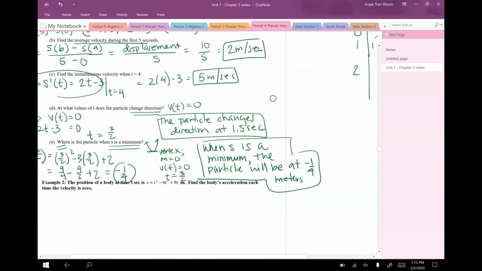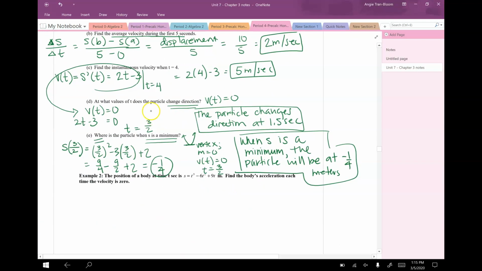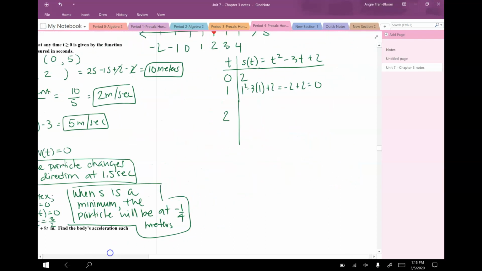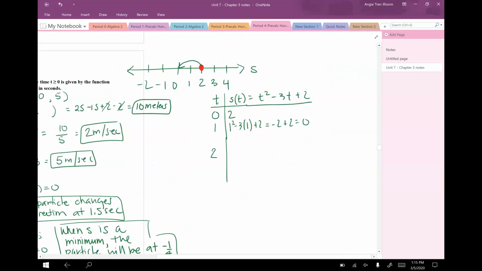Well, technically, I should really put in 2 seconds later. But remember, when we did this down here, we said the object turned around at 1.5 seconds. What does that mean by turn around? It means I originally started going left. It turned around here.